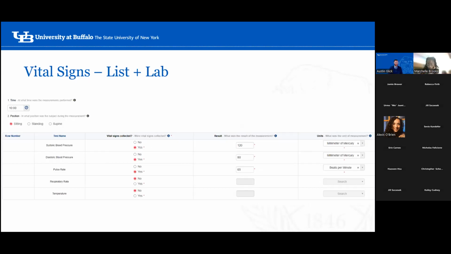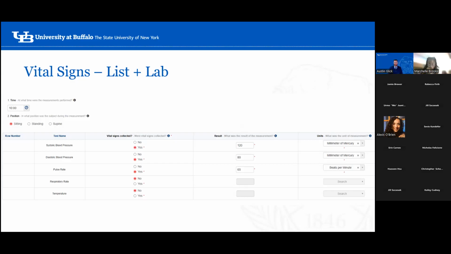Vital signs. So this is an example of how you can have a list that turns into a lab form. Those first two fields, time and position, are a list. So it's a different data format that then seamlessly transitions into a lab type, which we actually use to create some vital signs things. So systolic blood pressure, diastolic blood pressure, pulse rate, respiratory rate, and temperature, all our normal stuff.